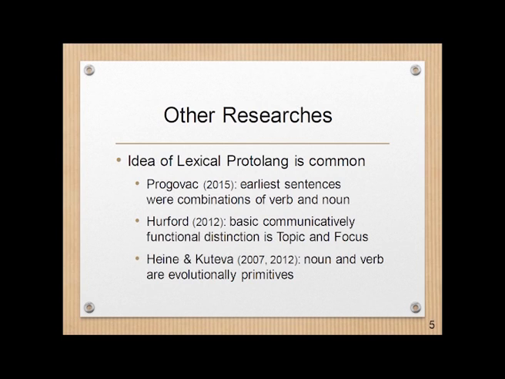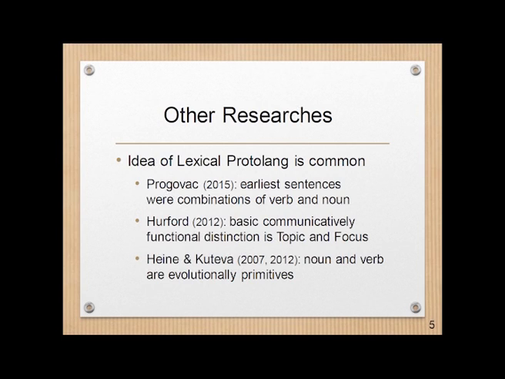In fact, the idea that the protolanguage had only lexical categories is common. For example, based on generative grammar's analysis, Progovac proposes a hypothesis that the first sentences were a paratactic combination of noun and verb. And besides, from the standpoint of communicative function, Hurford points out that the most basic communicatively functional distinction is between topic, corresponding to noun, and focus, corresponding to verb.